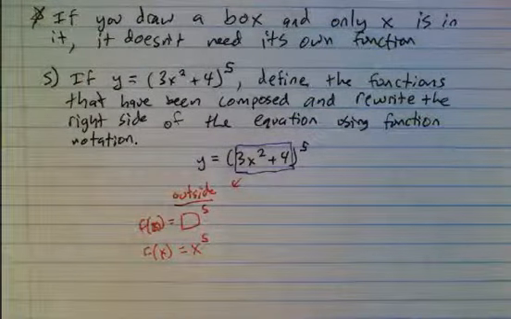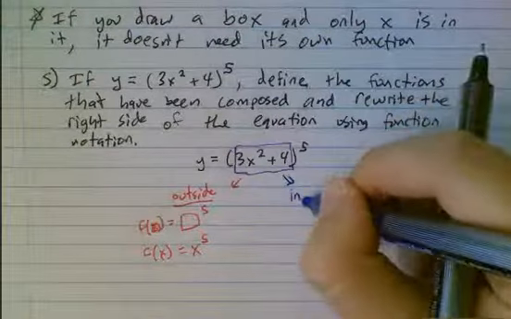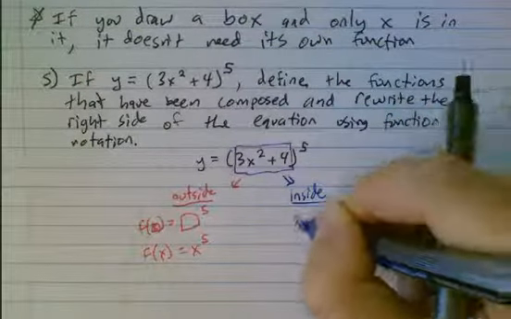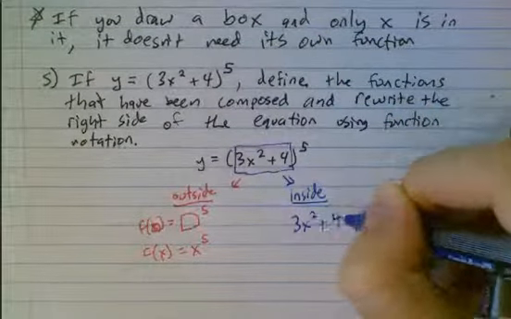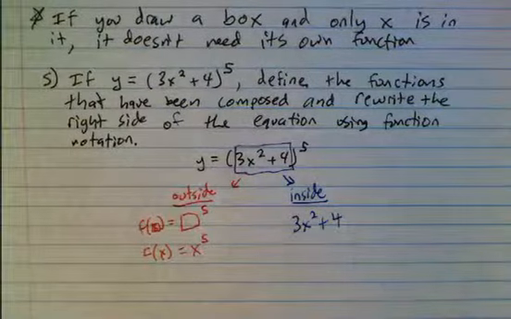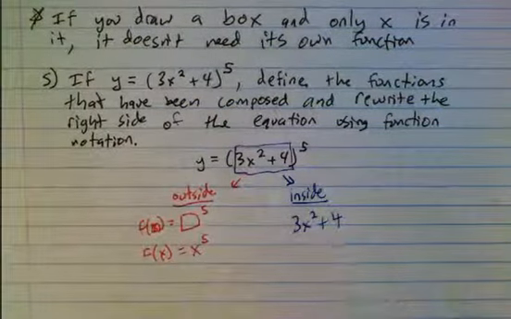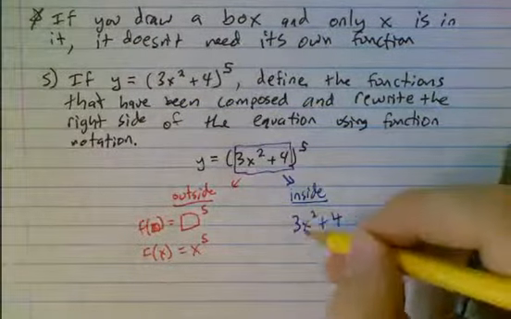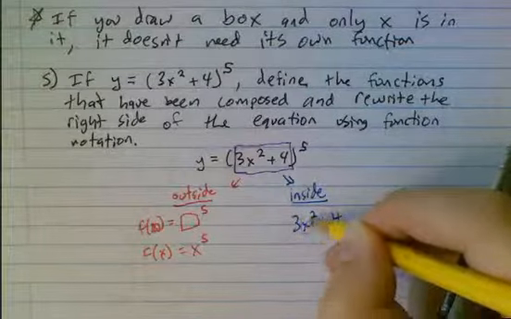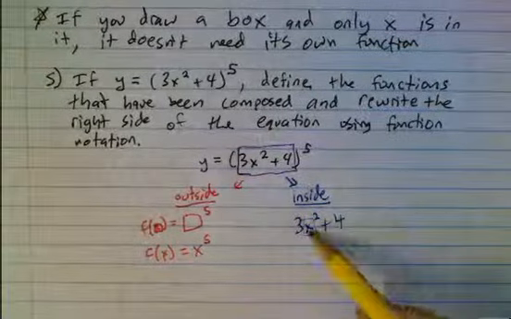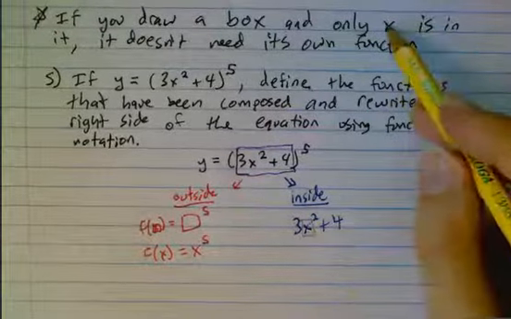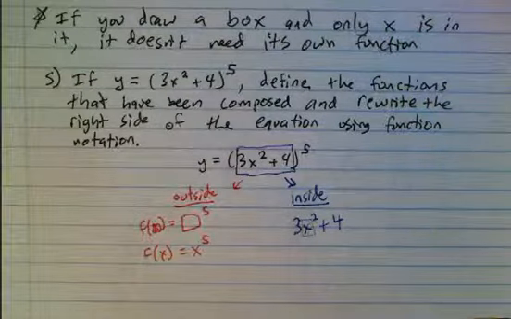And then we also have an inside here, 3x squared plus 4. Now notice here is another power function right there. But if I draw my box, notice how there's only x in it. If there's only x, then it doesn't need to have its own function.